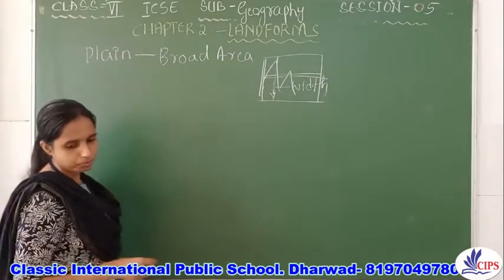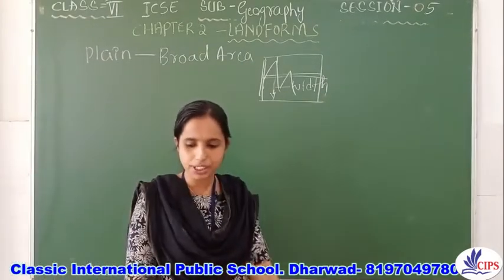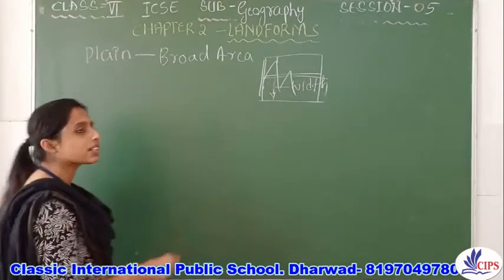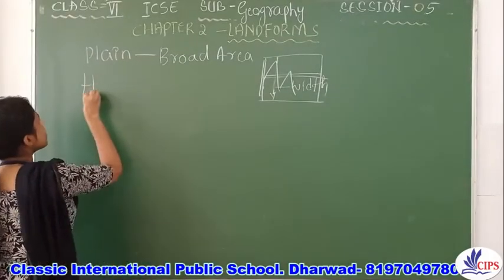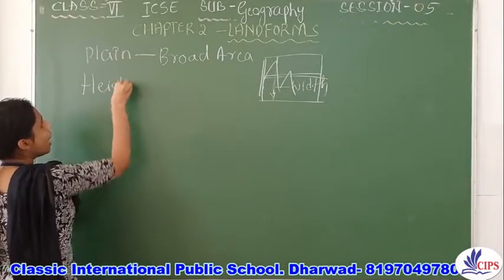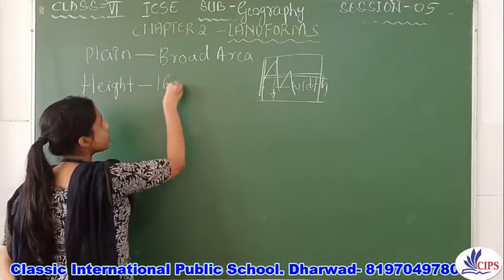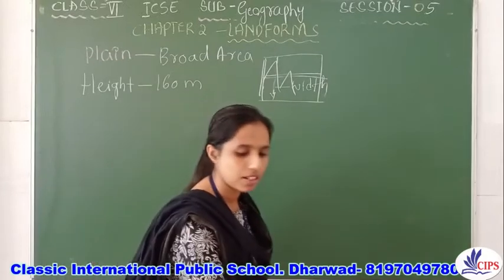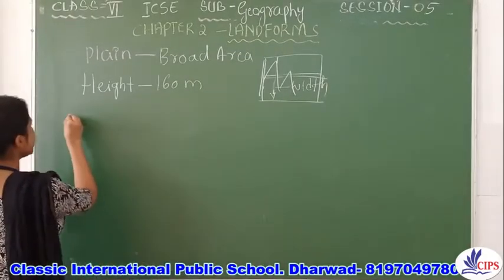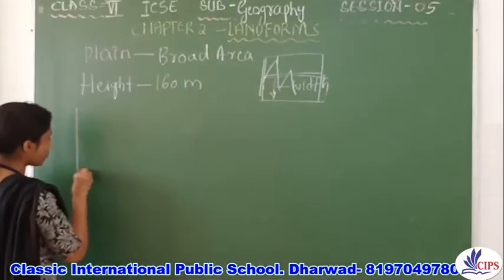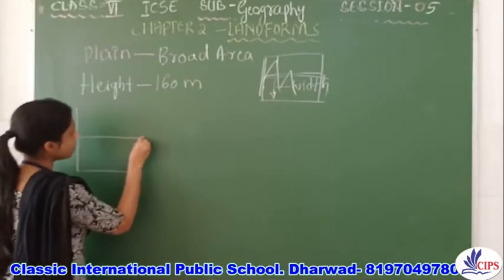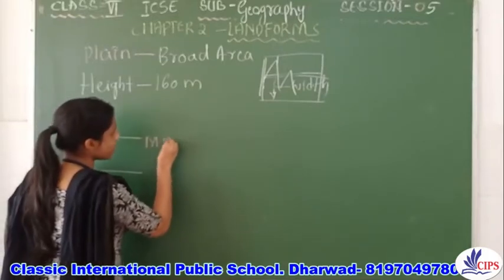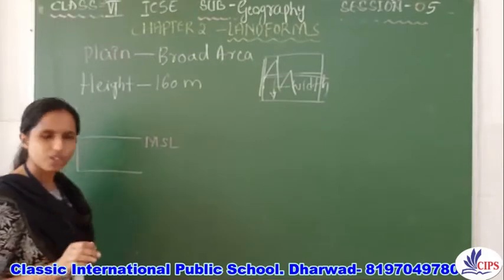Second thing, the height. Usually they have a height of 160 meters, from the mean sea level. See here. If this is the mean sea level, what is mean sea level and all is not required.